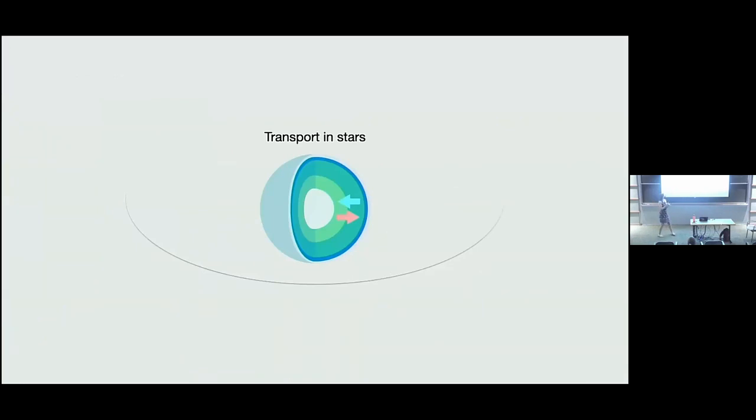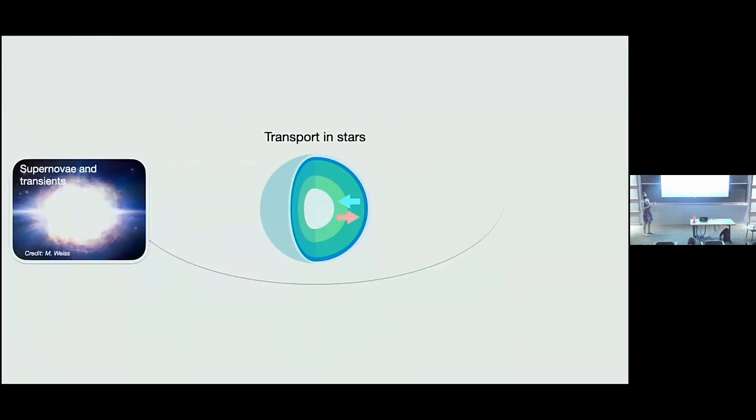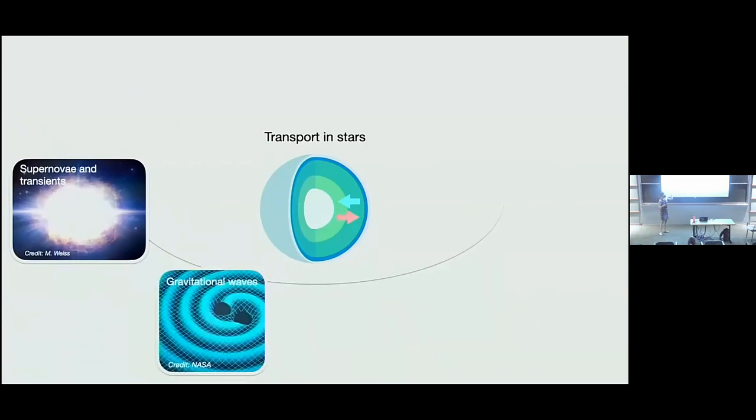When it comes to transport in stars, this is a fun topic because it affects many parts. For example, the structure of the star is affected by transport, so we will change what kinds of supernovae and transients are produced. The spin of the object and the angular momentum transport affect what the gravitational waves look like.